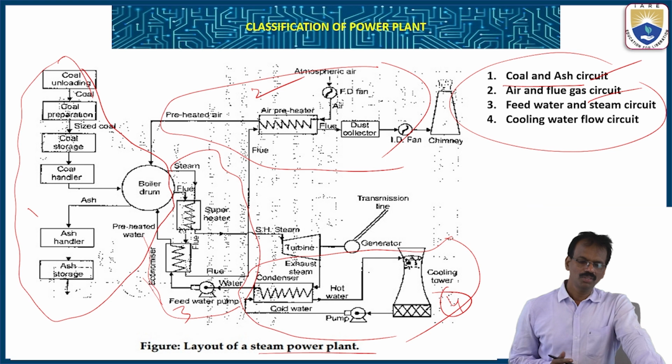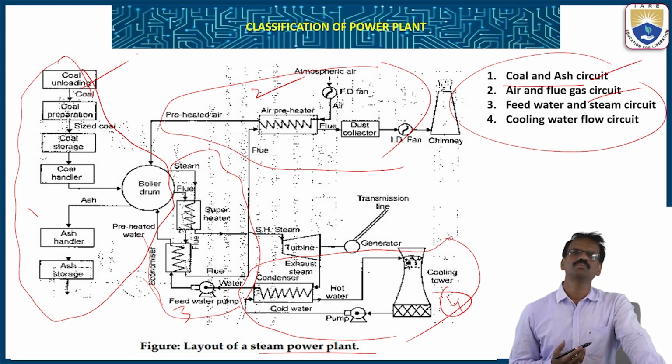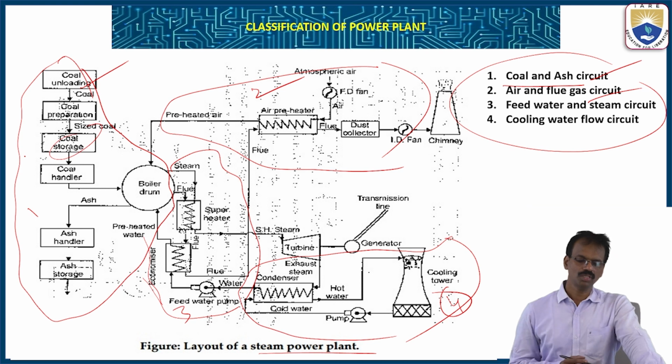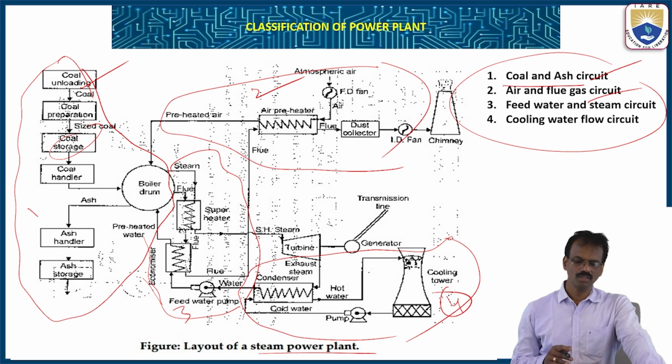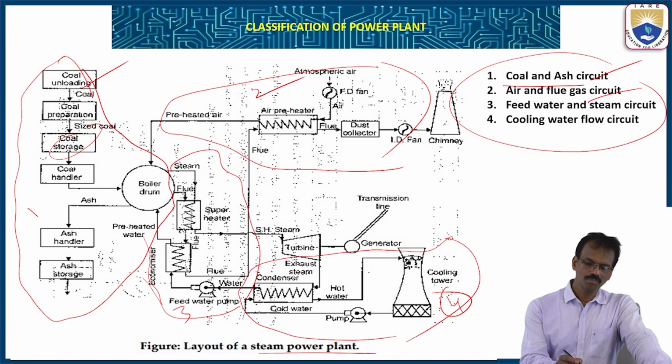After collection, next is loading and preparation of the coal, which means we have to size the coal into the sizes required by the user, using crushers. Next we have to store the coal. Then the coal is sent to the boiler for boiling of water to produce steam. In this burning, you will get ash as a byproduct.